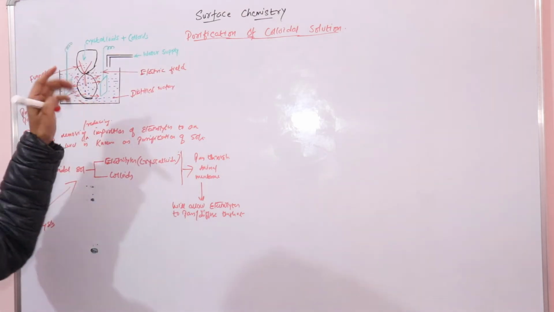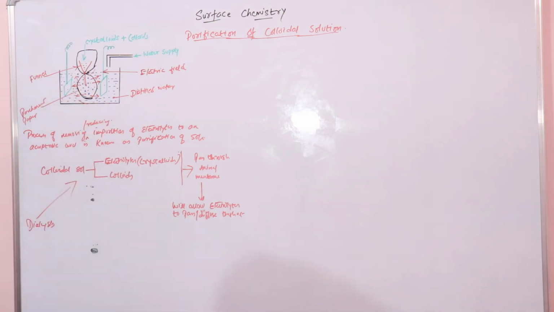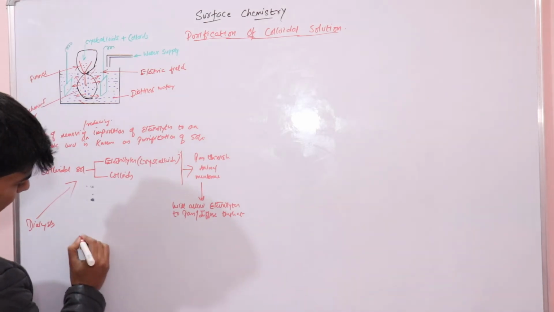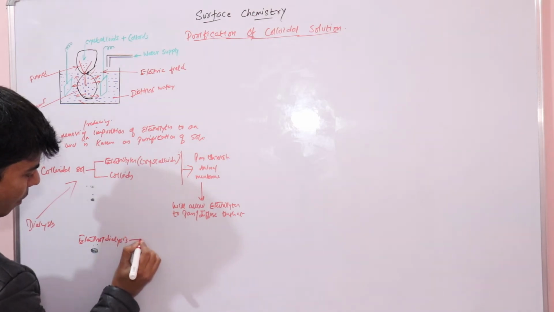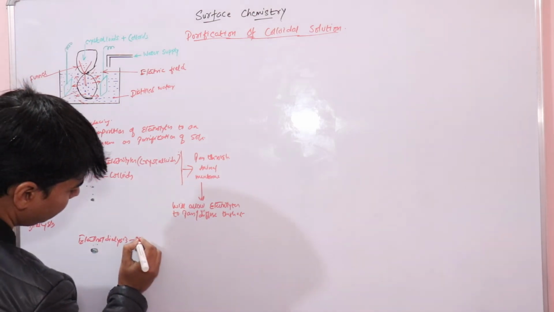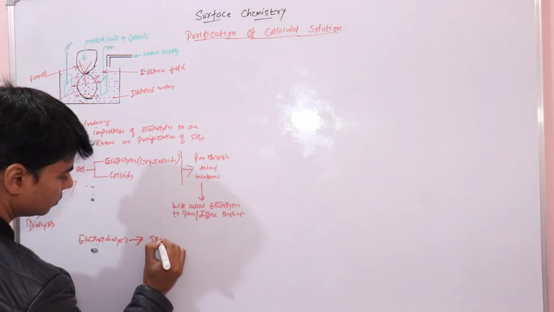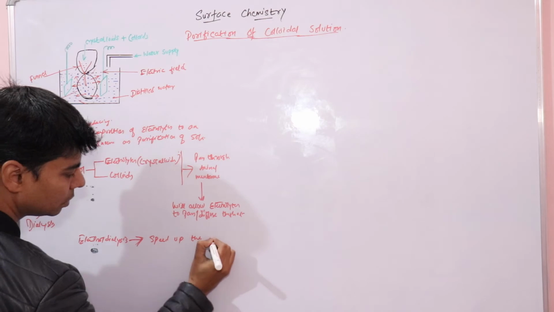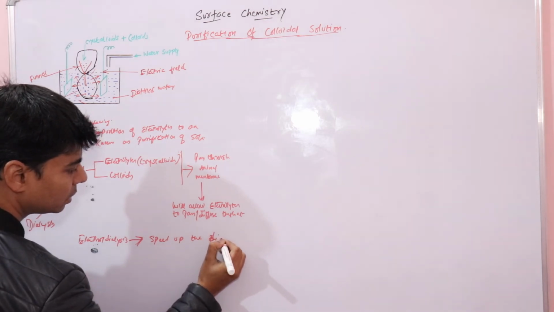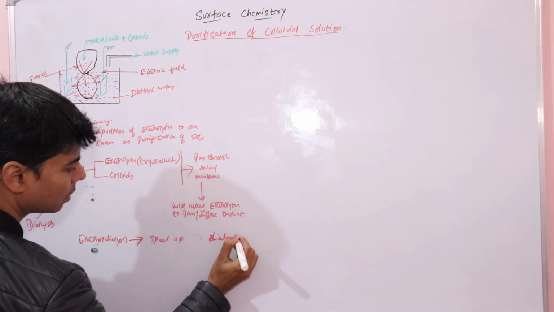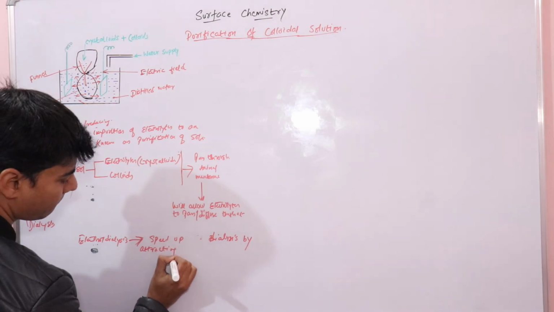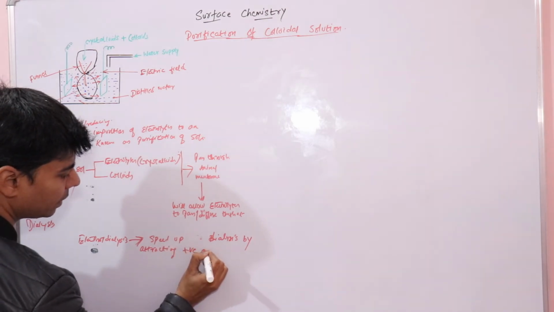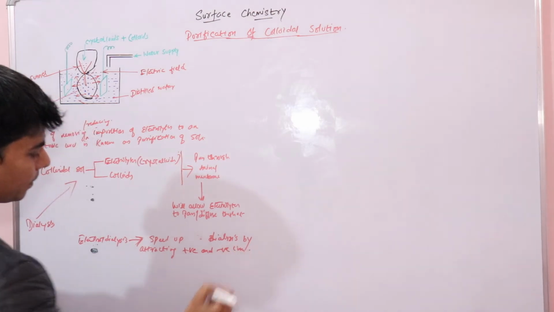And when we use electricity to speed up the process of dialysis, this process is called electrodialysis. Electrodialysis speeds up the dialysis by attracting positive and negative ions of the electrolyte.